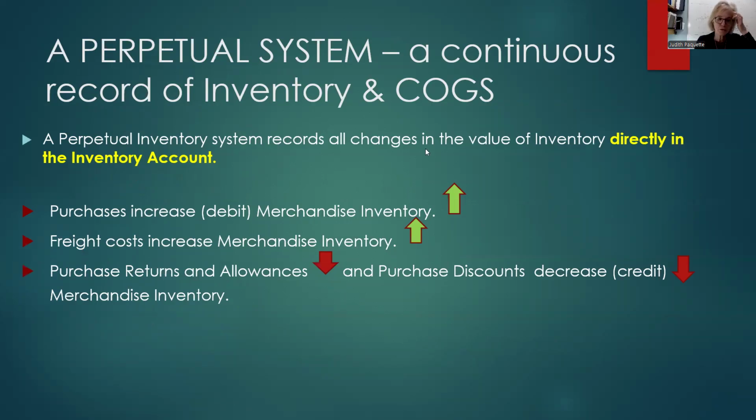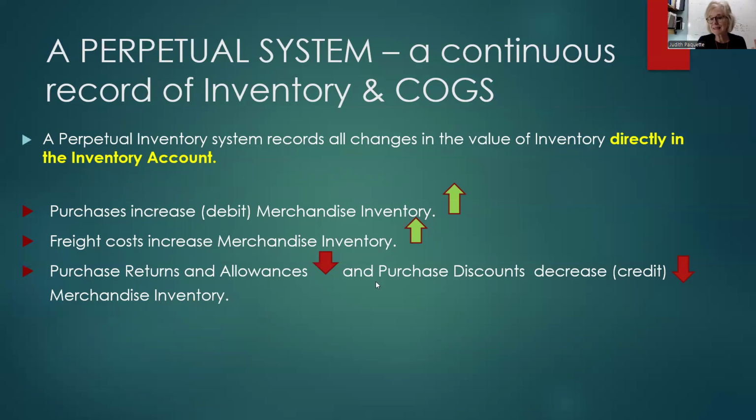All right. So when a company buys inventory, inventory goes up. Inventory is an asset, so that means we debit it. When a company pays the freight bill to bring the inventory in, it increases the cost of inventory, so we debit inventory. When a company returns inventory, we reduce the inventory account. That's a credit.